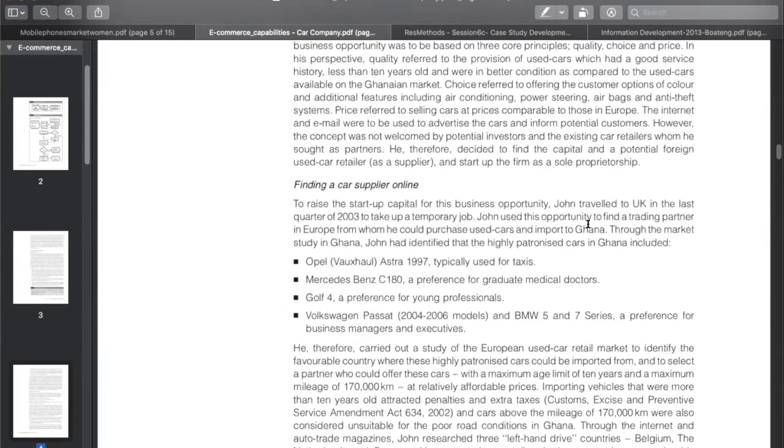Through the market study in Ghana, John identified that the highly patronized cars in Ghana were the Opel Astra 1997 for taxis, the Mercedes-Benz C180 with a preference for graduate medical doctors, a preference for young professionals, and the Volkswagen Wagon and Passat 2004, 2006 models, and BMW 5 and 7 Series, a preference for business managers and business executives. He therefore carried out a study of the European used car retail market.